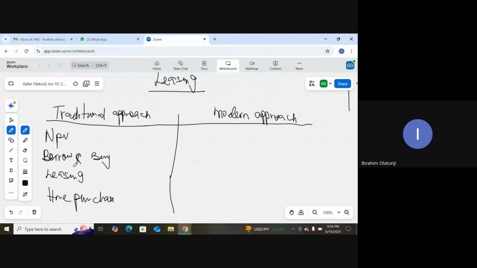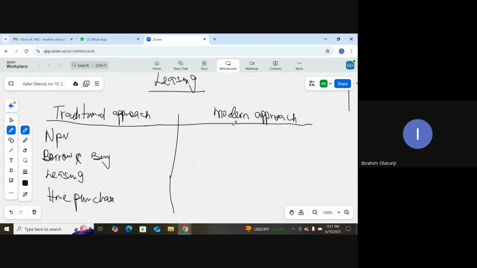But for the modern method, sometimes the examiner will not tell you to use the traditional or modern method. For traditional, when you discover that the examiner starts the question with investment, probably the company is trying to install a new machine.